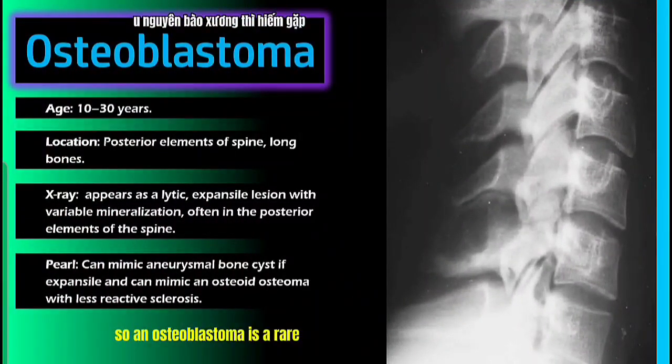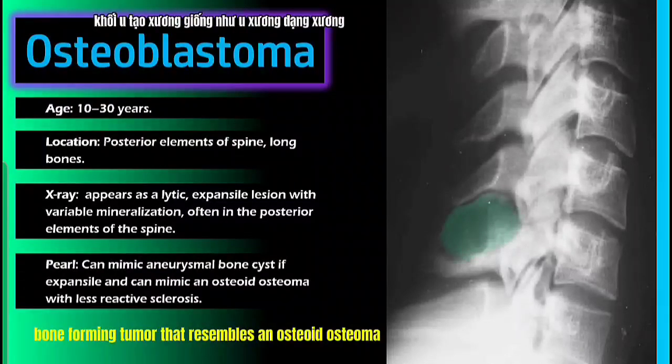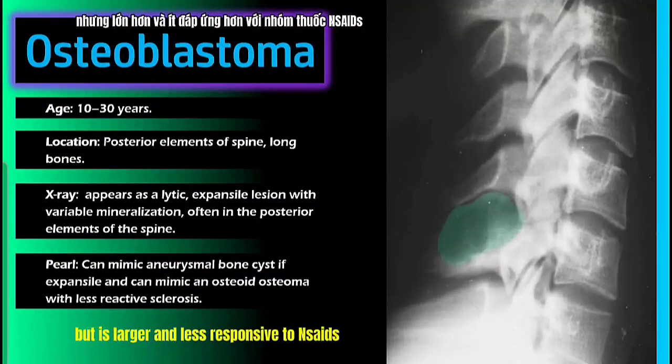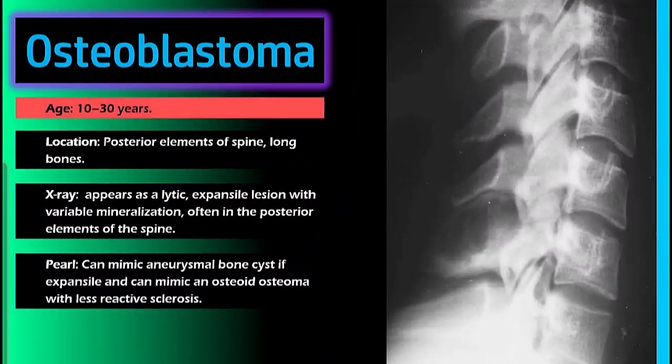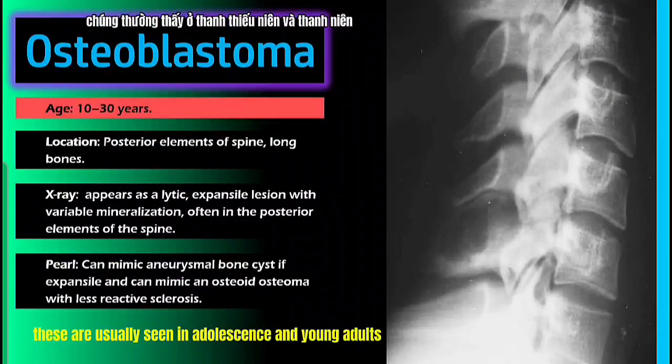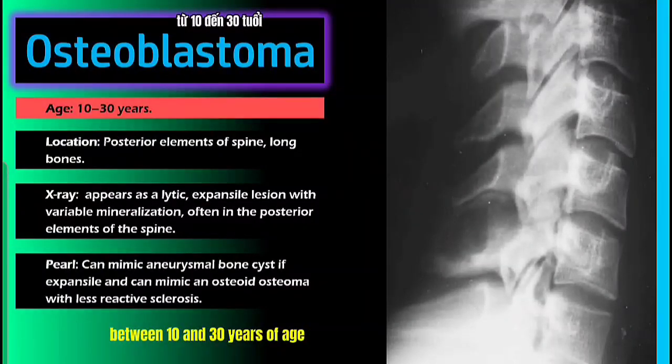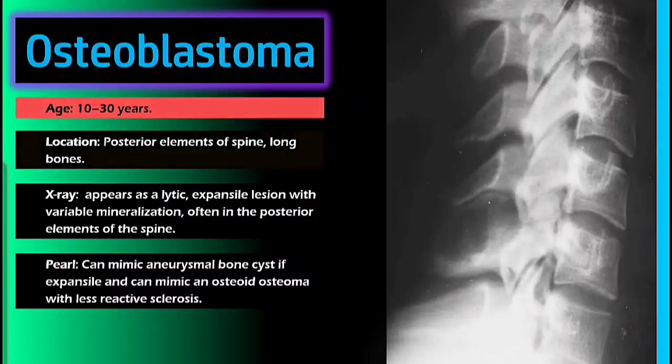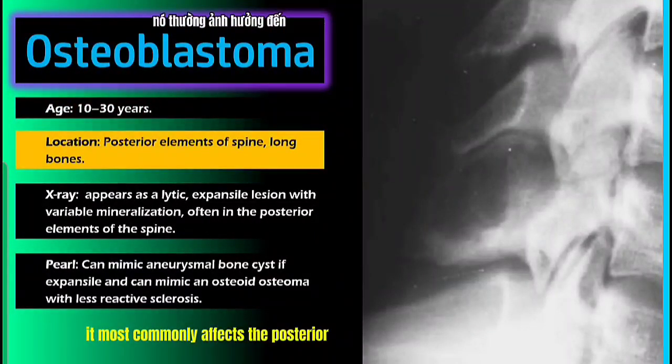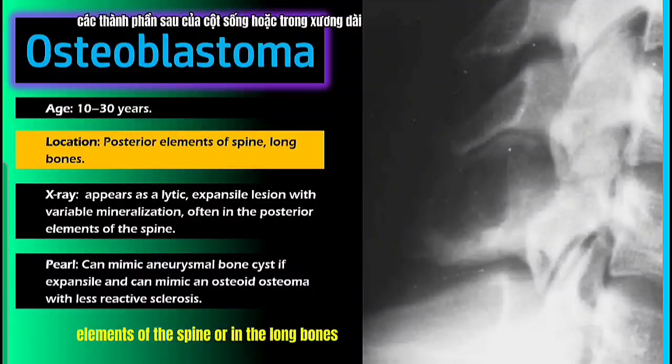So an osteoblastoma is a rare benign bone-forming tumor that resembles an osteoid osteoma, but is larger and less responsive to NSAIDs. These are usually seen in adolescents and young adults between 10 and 30 years of age. It most commonly affects the posterior elements of the spine, or the long bones.